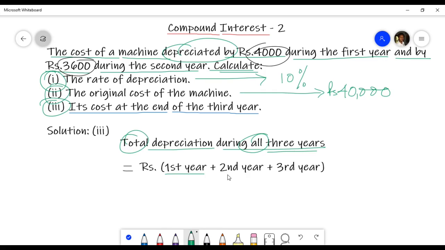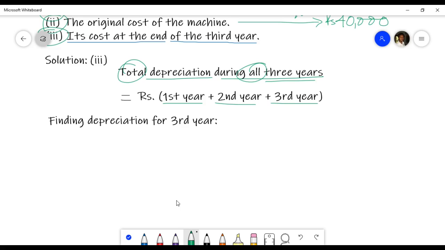Two years' depreciation is already given in the question, right? First year plus second year plus third year. Now let me explain how to find the depreciation for third year. Look carefully and try to concentrate, so that you do not get confused.